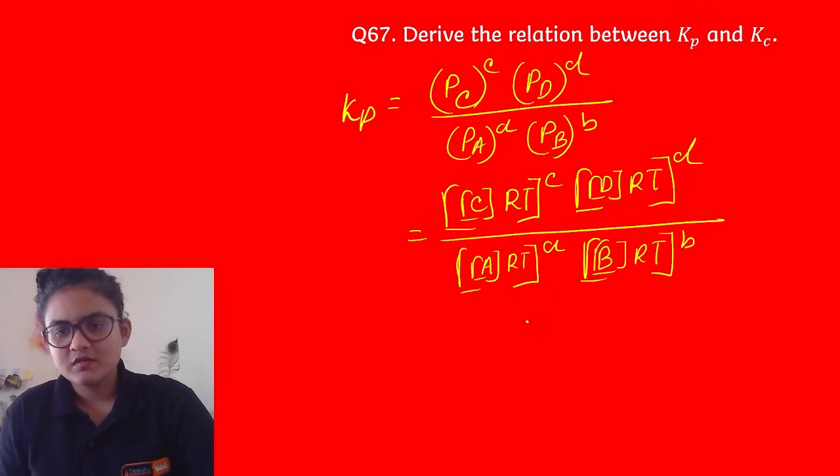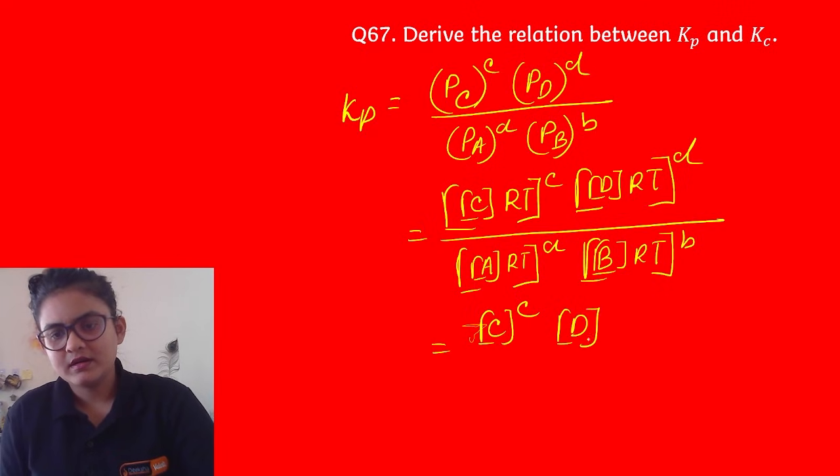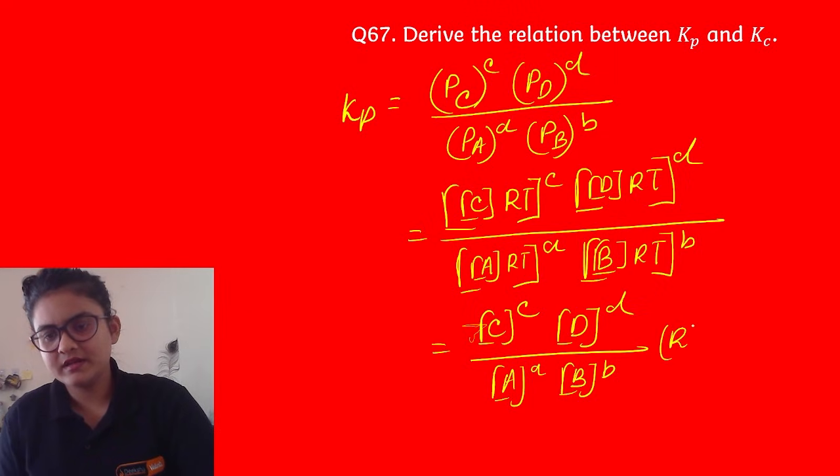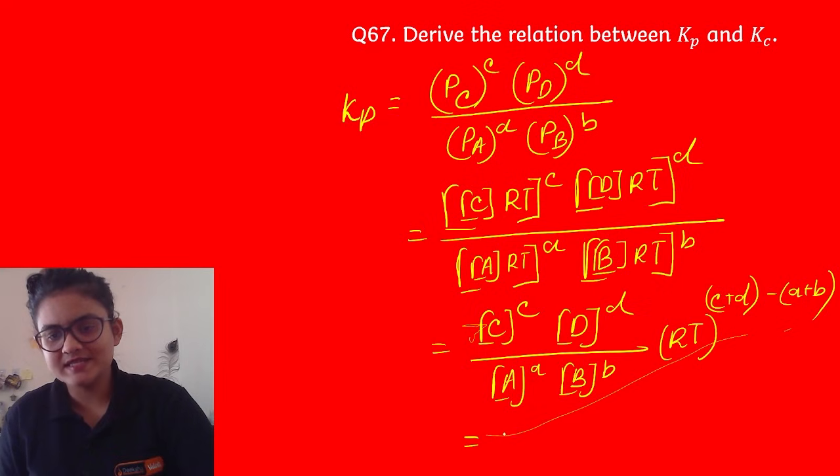Now we can simplify it: C power c, D power d divided by A power a into B power b, and RT power (c plus d minus a plus b). This whole thing we can write as delta n.